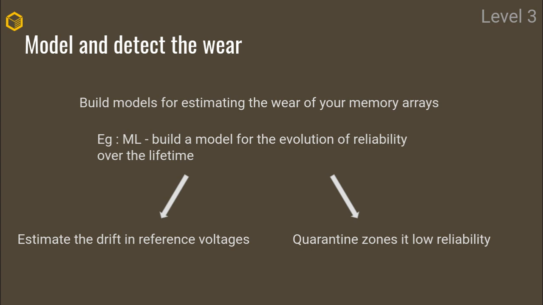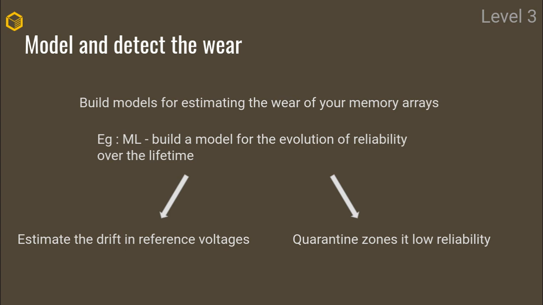And so one of the other roles of my controller is to model and detect this wear and estimate how this is affecting my memory arrays. So this could be by estimating the drift on reference voltage and also estimating which parts of my memory arrays are starting to induce too many errors, rendering them unusable. And so I have the ability to modify the voltage thresholds as well as quarantine the zones if they induce too many errors.